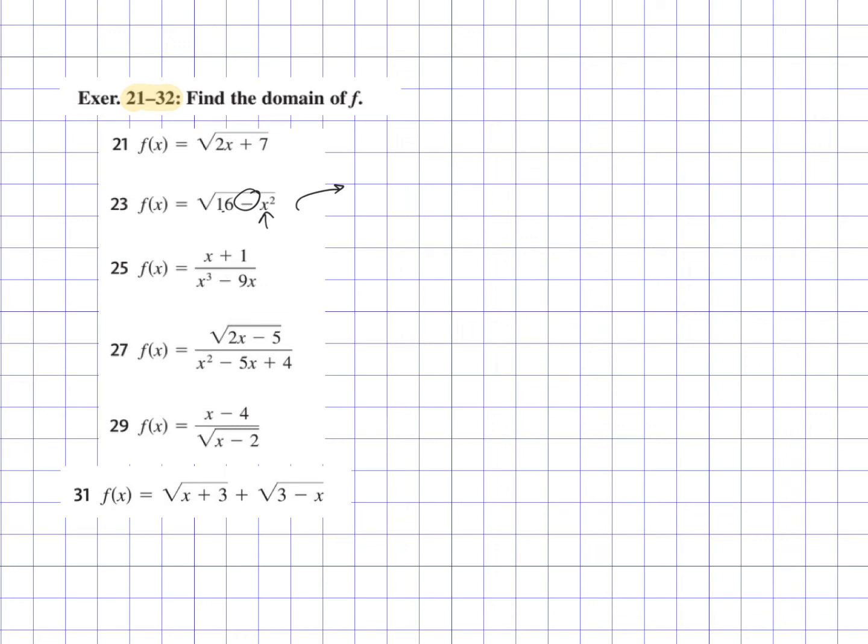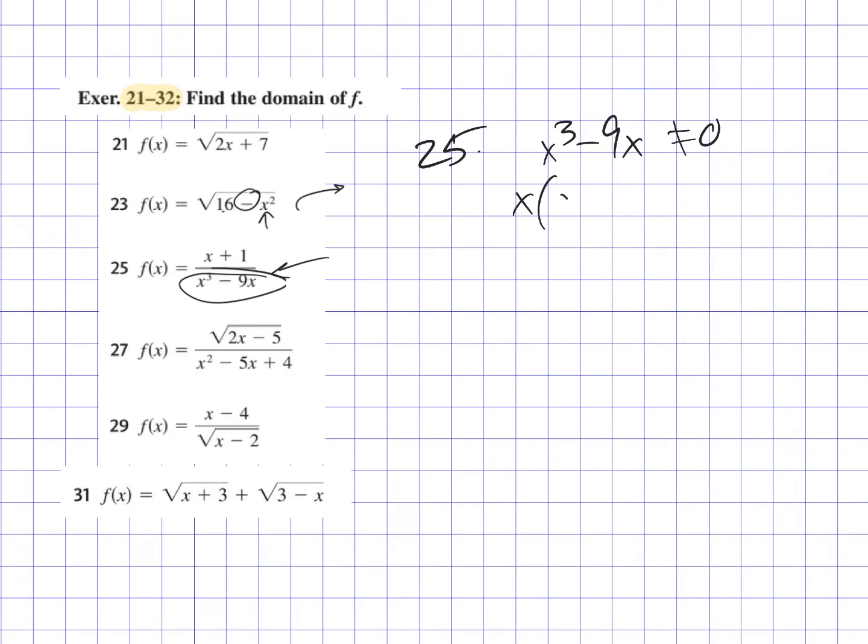But I'm trying to get you to realize you definitely need to start paying attention to specific things. So if we look at number 25, just look at your denominator. x cubed minus 9x. This is what x can't be. You can't have 0 in your denominator. So let's just set it equal to 0 and solve.